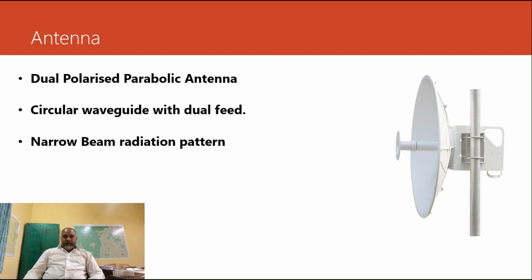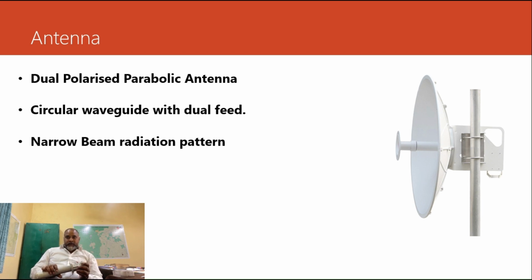This antenna is basically a dual polarized parabolic antenna, which consists of a parabolic disc as a reflector and a circular waveguide. The reflector disc is used to focus the wave into a narrow beam, which helps in attaining long range communication, whereas the circular waveguide with the dual feed provides higher channel capacity and reliability.